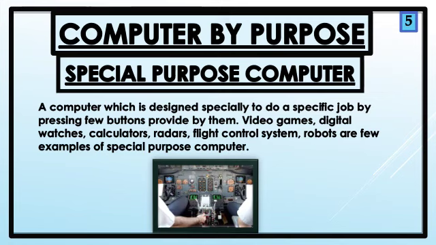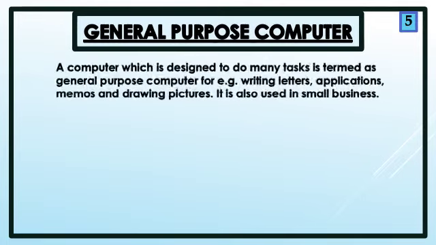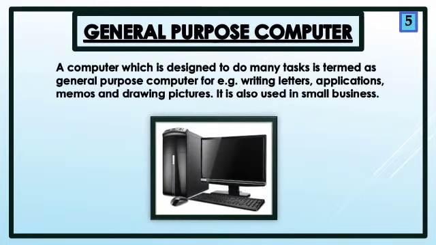The second and last one, yes, this is the last topic of this chapter, is the general purpose computer. A computer which is designed to do many tasks is termed a general purpose computer, for example writing letters, application memos and drawing pictures.